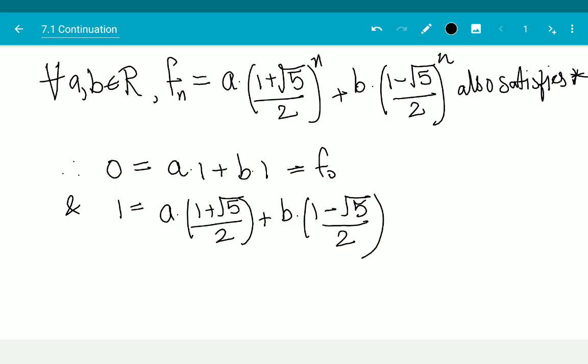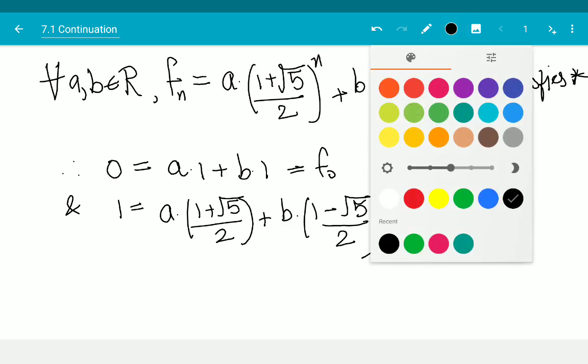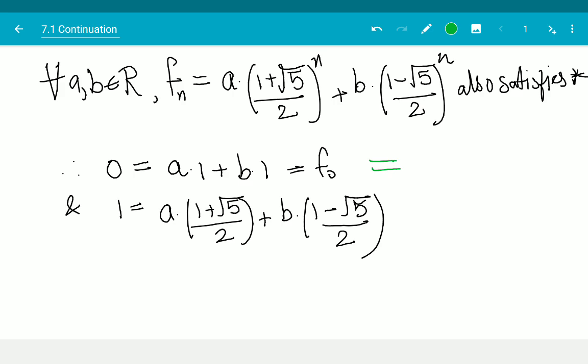Now, the first condition implies to me that a is equal to negative b, or another way of saying it is b is equal to negative a. And I can plug that into this, right?